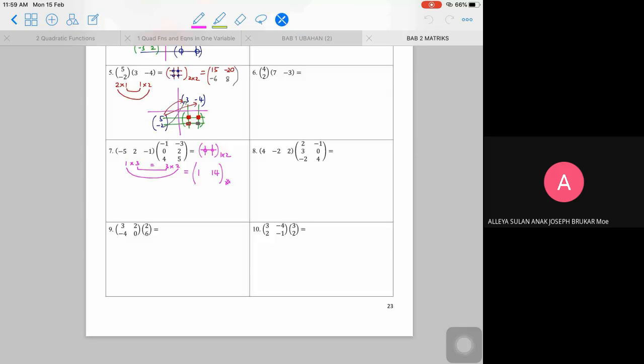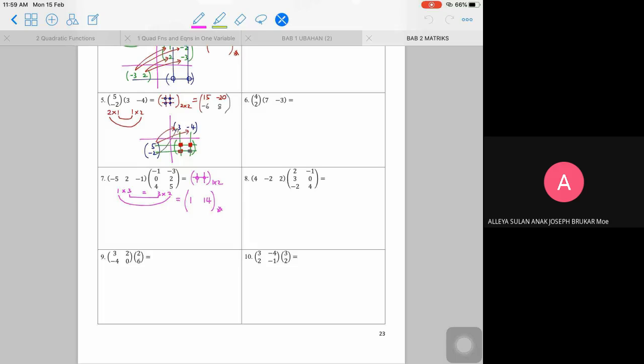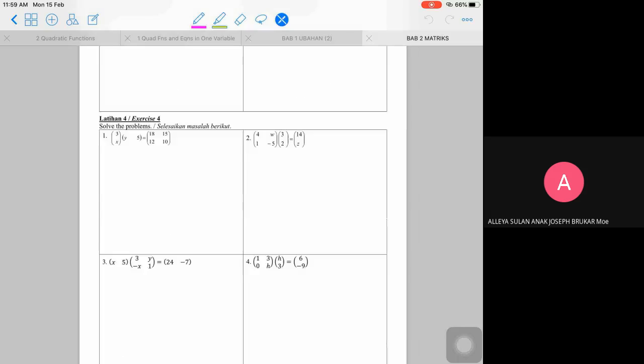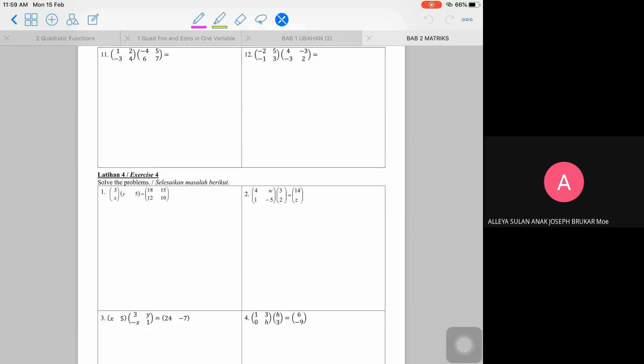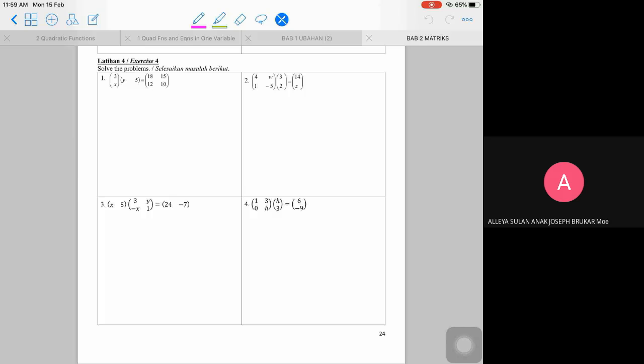Page 23, all the questions inside the exercise 3. And then page 24, continue. The question 10 is 11 and 12. And then continue also exercise 4. So your exercise is until page 24 today.